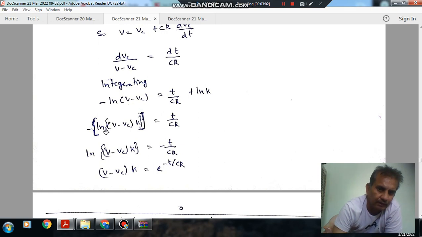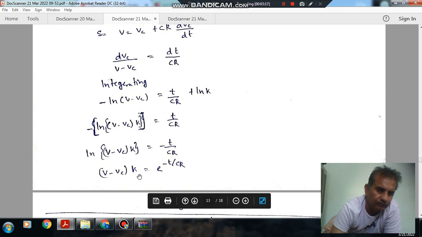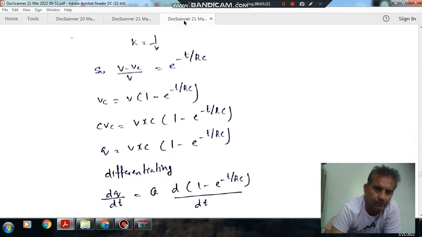So it will be minus ln(V minus Vc) multiplied by K, equal to t by CR. So V minus Vc is equal to K e to the power minus t by CR.